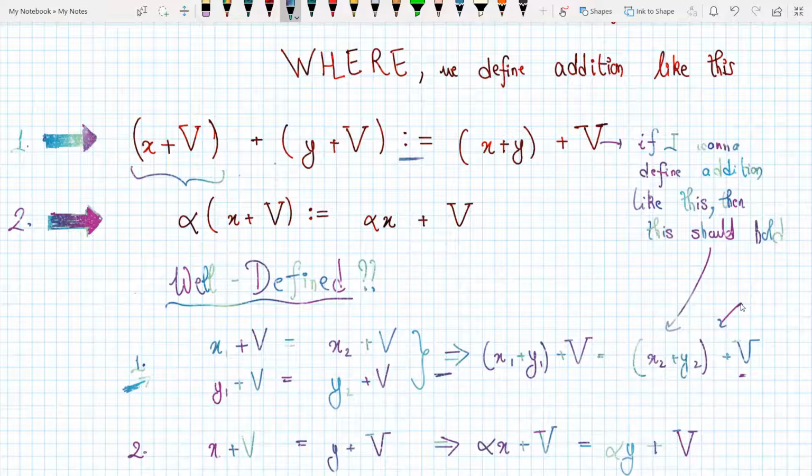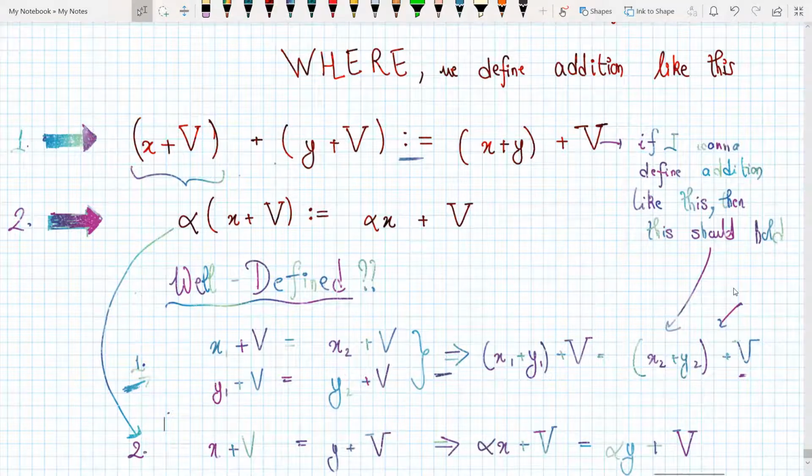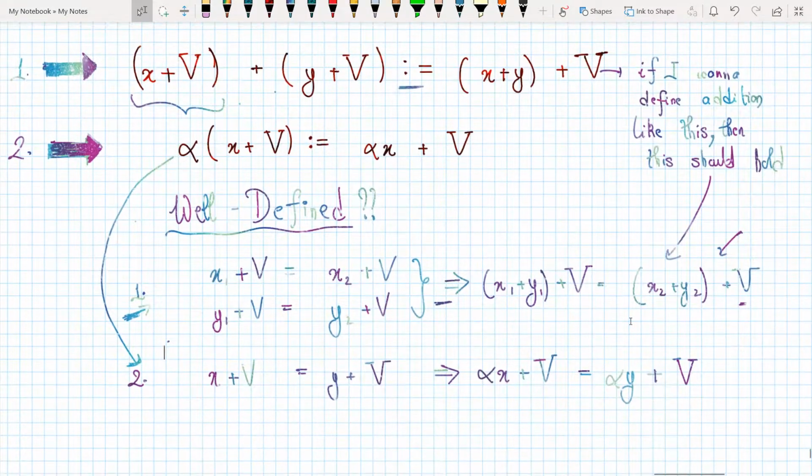So in this step we check whether addition is well defined. And in order to define scalar multiplication like this, we check the condition that if x plus V equals y plus V, then alpha x plus V equals alpha y plus V. I do these two things to check that addition and multiplication are well defined.